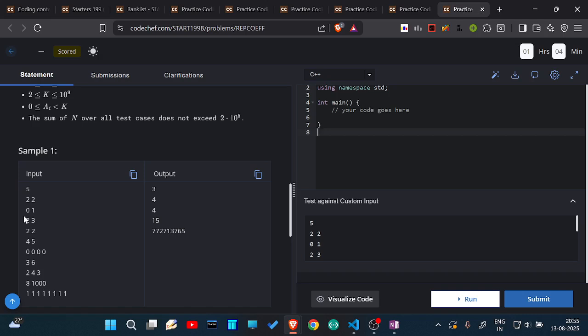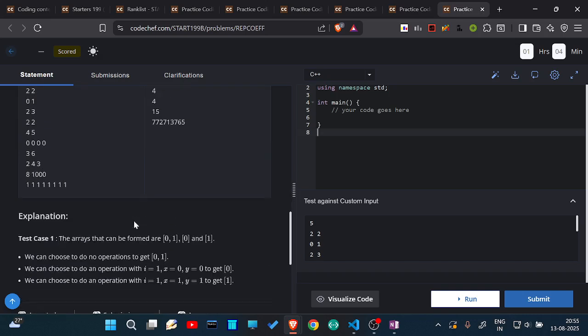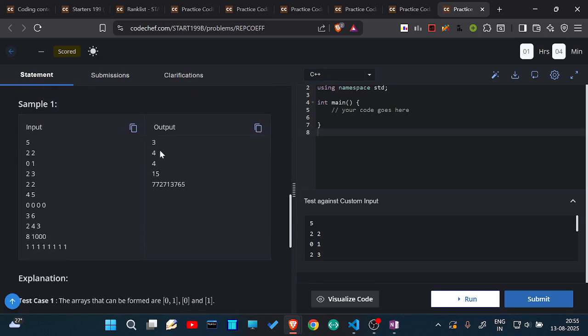So 0, comma 1, the number of arrays that we can get. You can get again practically all arrays. So 1 to 3. Yeah. So you can get everything. So we add one thing, right?